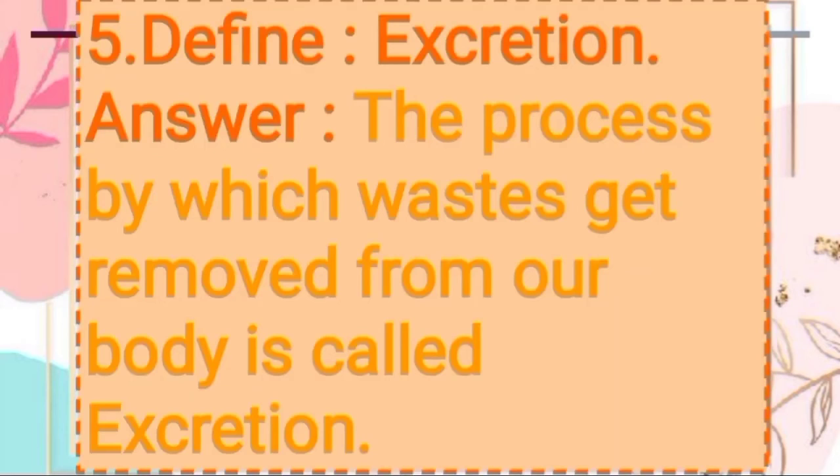Next, define excretion. Answer: the process by which waste gets removed from our body is called excretion. And an organ system that helps in getting rid of waste formed inside our body is excretory system.